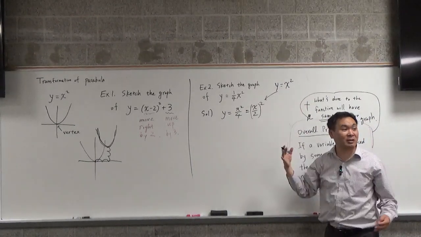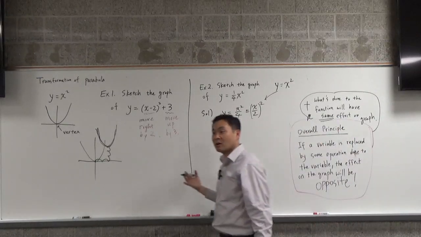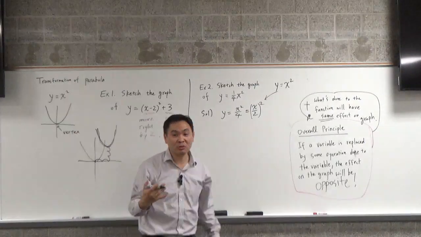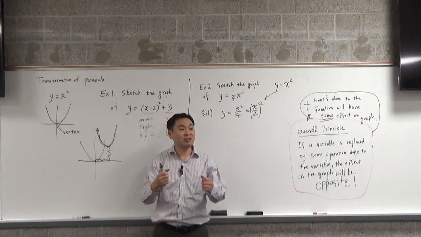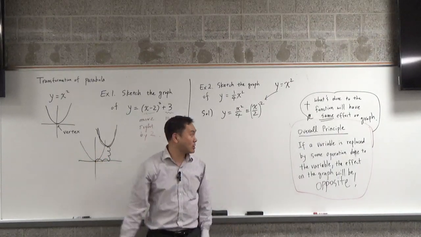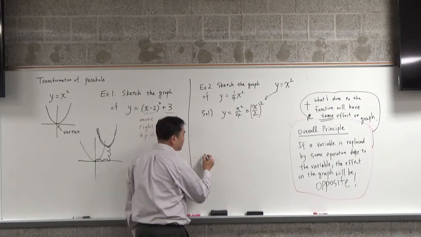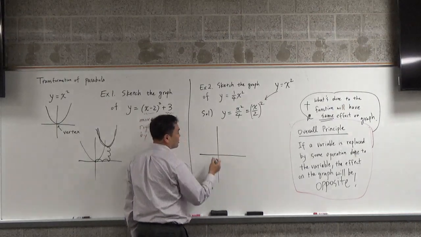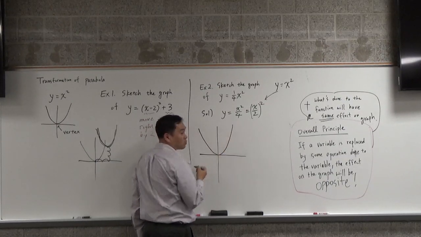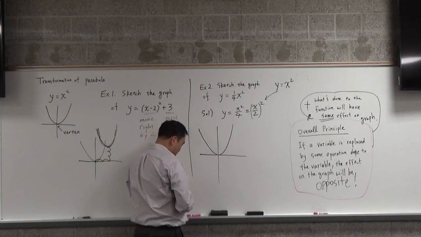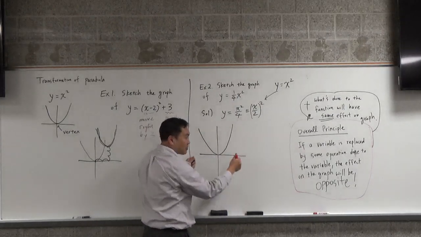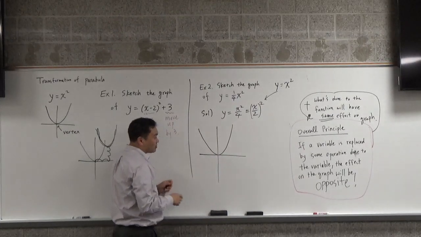If you take that view, what's happening to the graph? What does that do if you replace x by x over 2? It expands 2 in the x direction, okay? So that's another way to think about it. So here's two ways to graph the same thing. This is the original graph, y equals x squared. And it's like taking this and stretching the entire paper this way to make it twice.